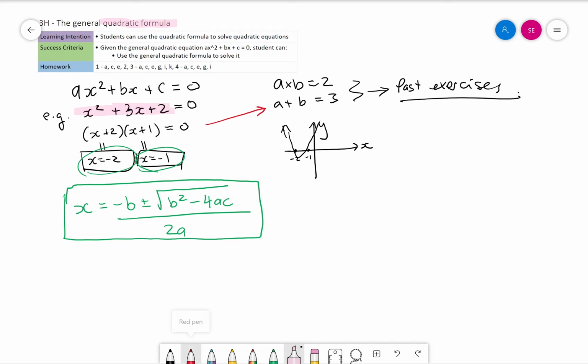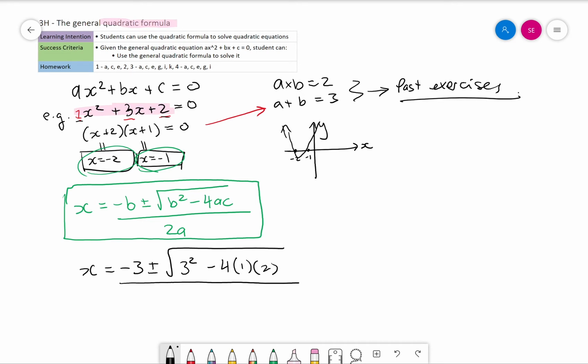Remember that a is the coefficient of x squared, b is the coefficient of x, which is 3, and c is the constant, 2. So x is equal to minus b, and b is 3, so minus 3, plus or minus the square root of b squared, so 3 squared, minus 4 times a, where a is 1, times c, which is 2, all divided by 2 times a, and a is 1 here.